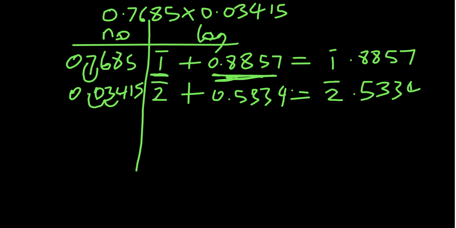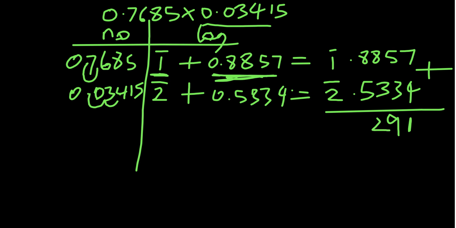Because you are multiplying the numbers, you add their indices. When you've added their indices, 7 plus 4 is 11, you write 1, carry 1. 5 plus 3 is 8, you write 9 plus 1, 9. 8 plus 3 is 12, so you write 2, carry 1. 9 plus 5 is 14, you write 4, carry 1.